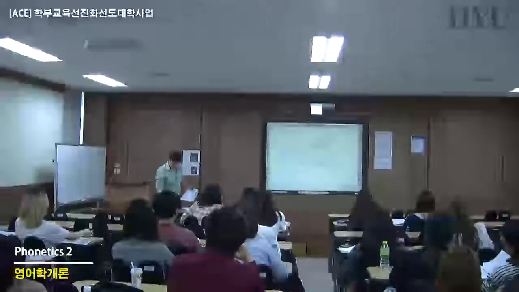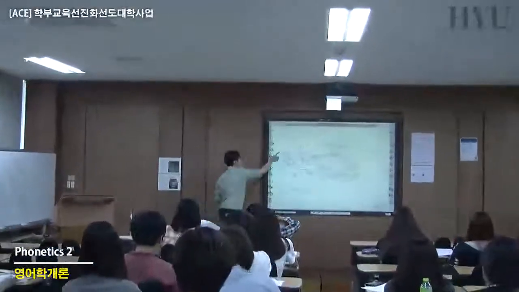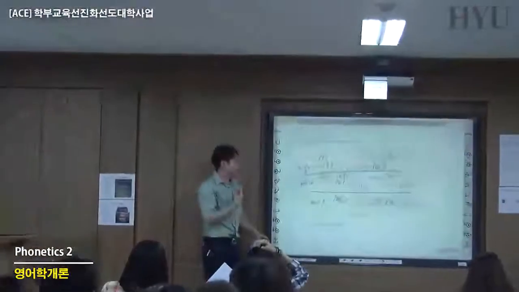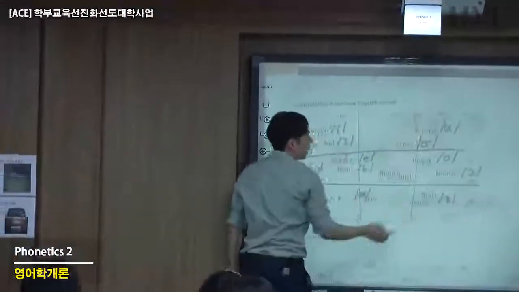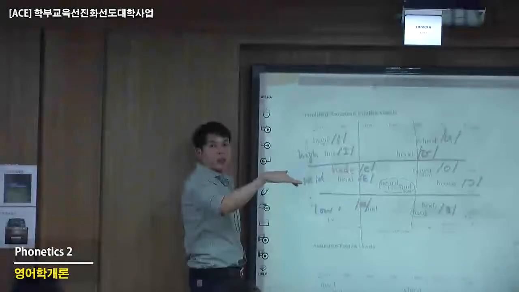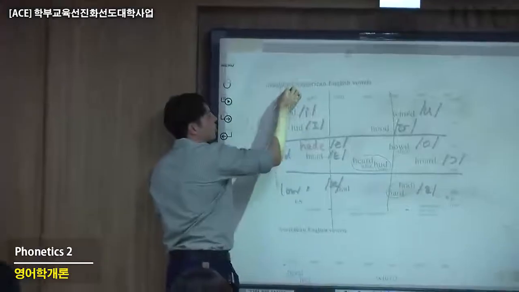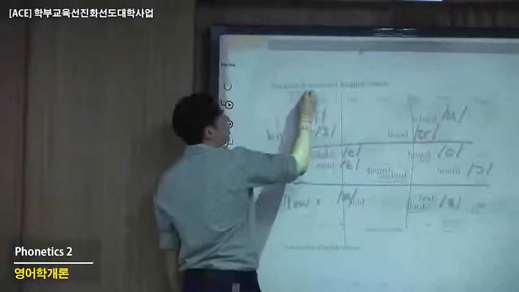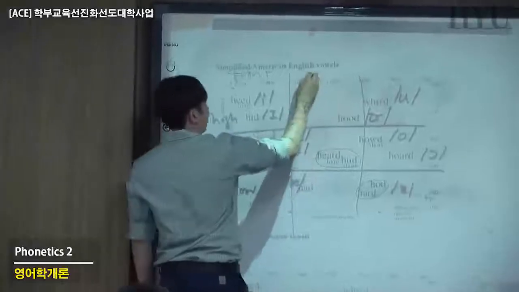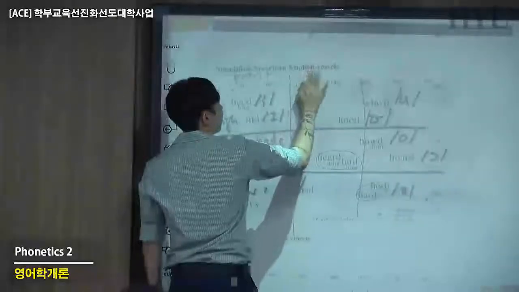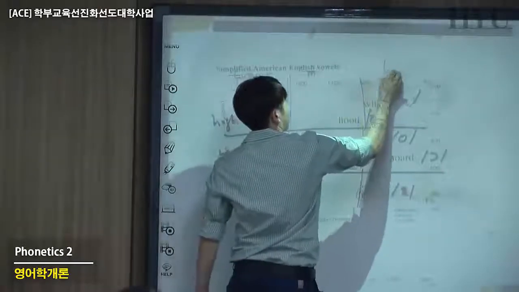The next thing that I would like to talk about, so we talked about height, right? So there's high, mid, and low. Now the second thing that we can use to describe vowel is there are three parts of the tongue. This is the front, and then there's the mid, and then there's the back.